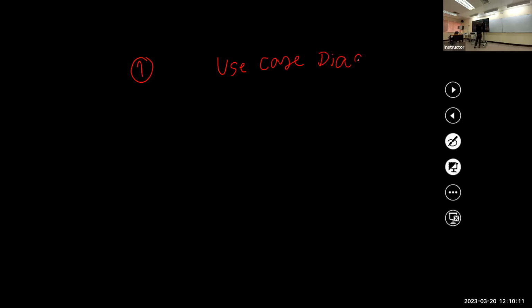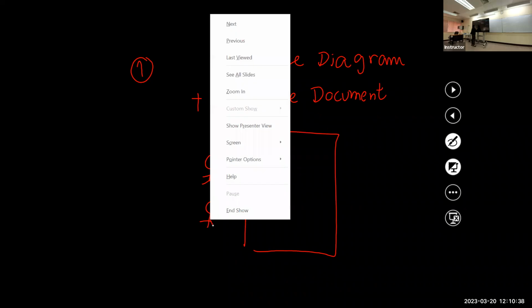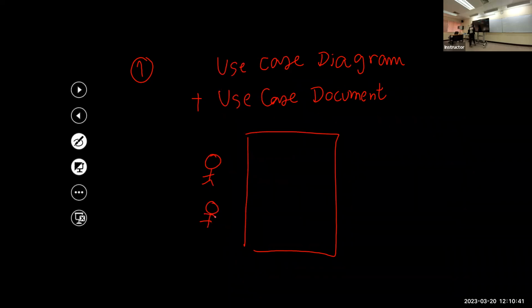Remember we mentioned that we need a use case document, because a diagram alone is an overview, an overall picture. It says what a certain actor would do to the system.